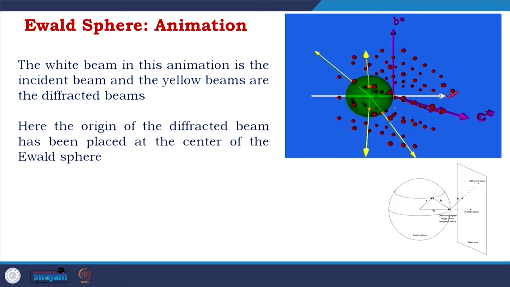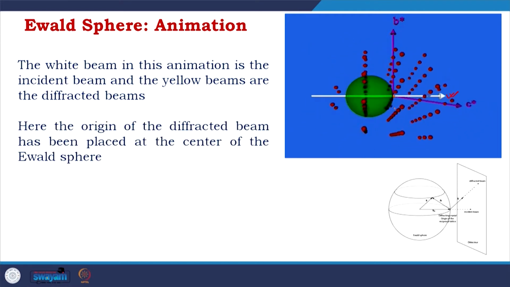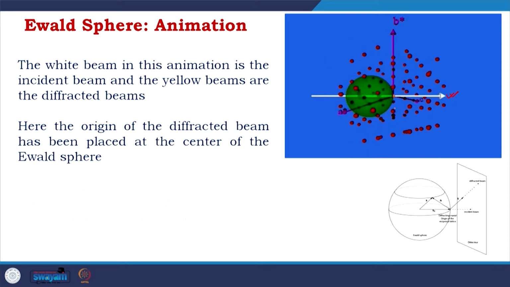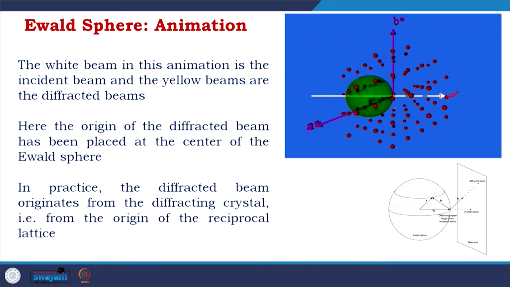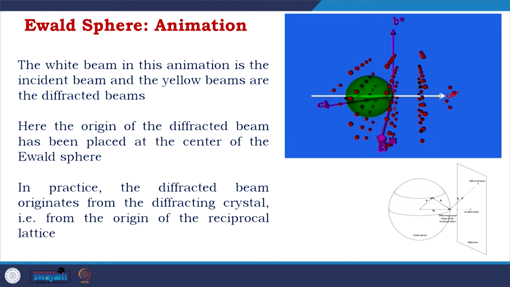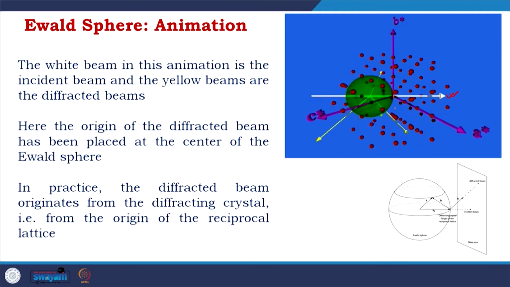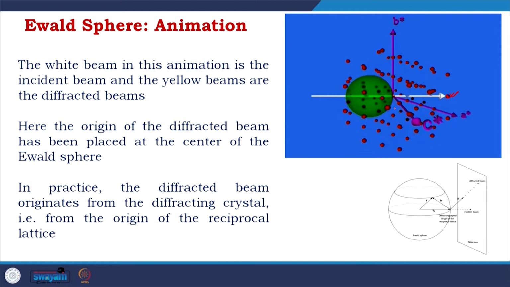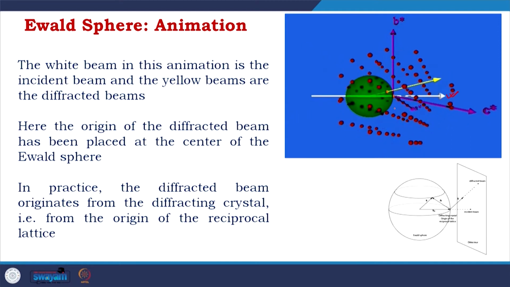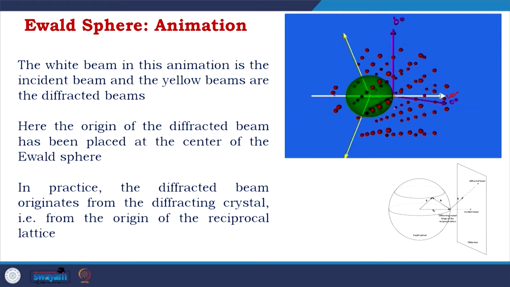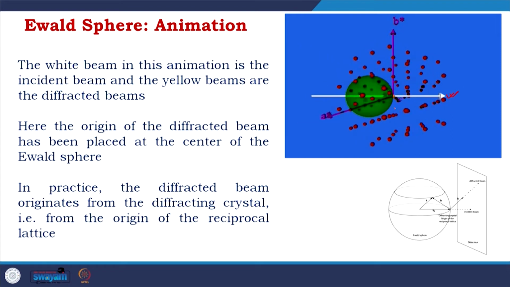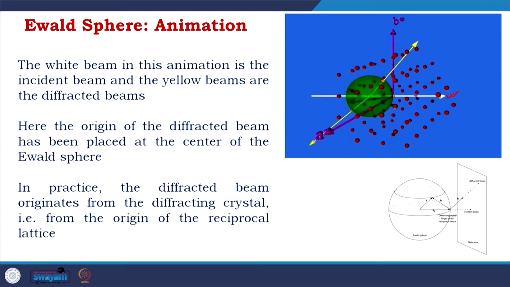Here the origin of the diffracted beam has been placed at the center of the Ewald sphere, but in practice the diffracted beam originates from the diffracting crystal, that is from the origin of the reciprocal lattice, and you will see that only when it is touching, then only you get the diffraction.